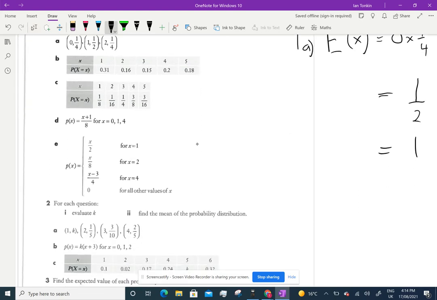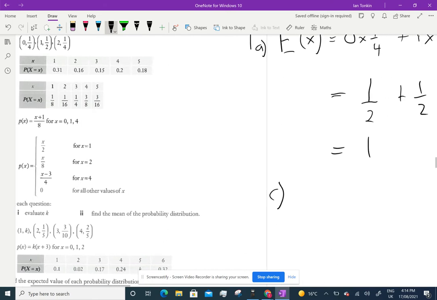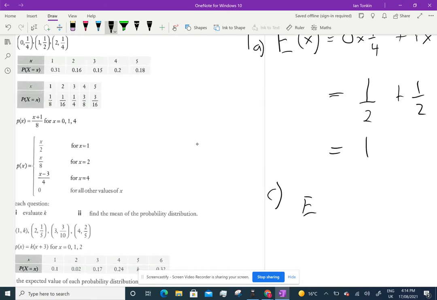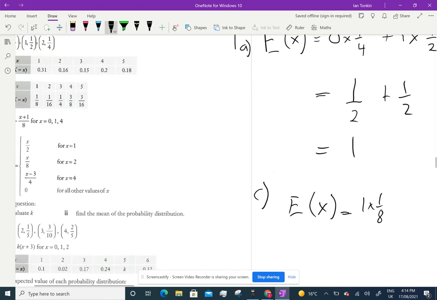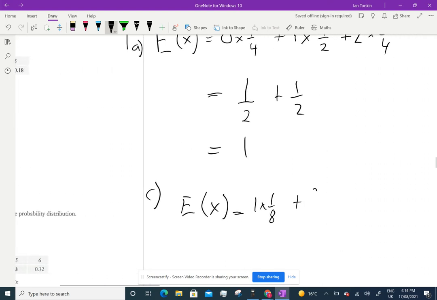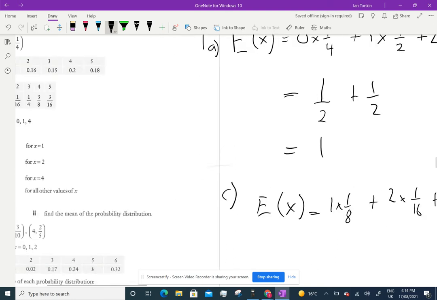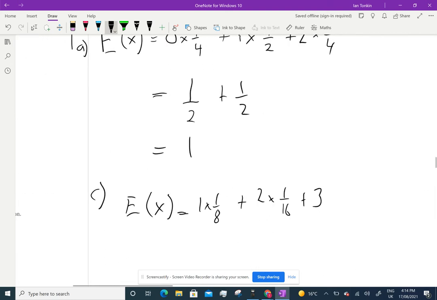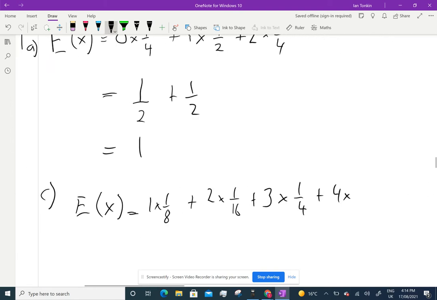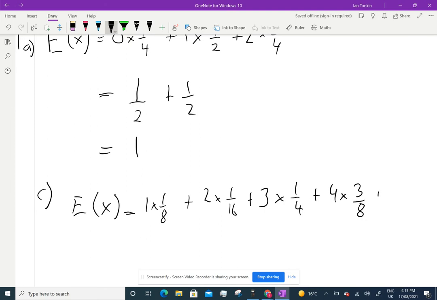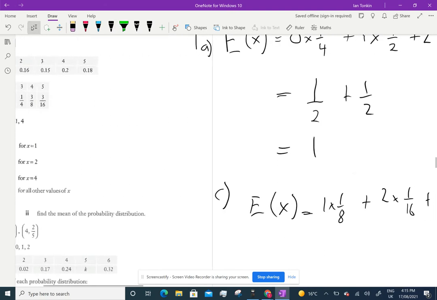Let's have a go at C using just by hand. So the expected value equals 1 times an eighth plus 2 times a 16th plus 3 times a quarter plus 4 times 3/8 plus 5 times 3/16.